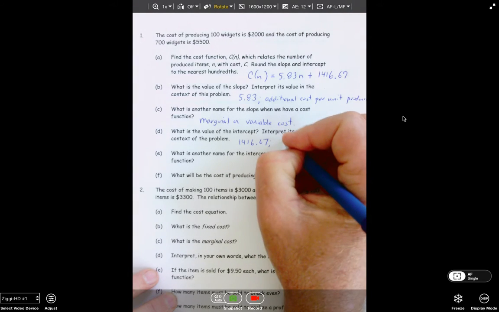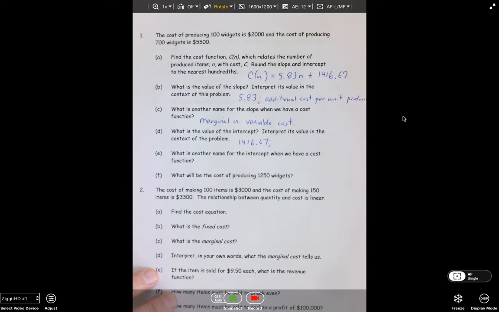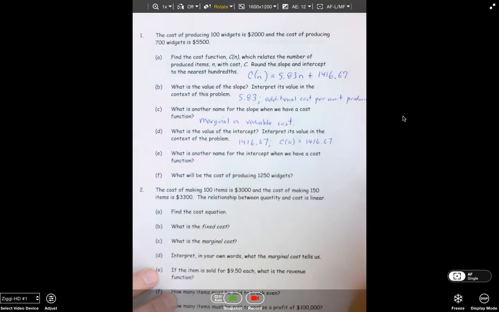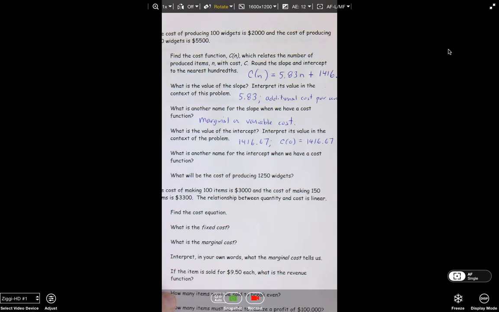So this says that c of 0 is 1416.67. This tells us when we create no quantity, no widgets, that the cost of producing 0 widgets is $1,416.67.